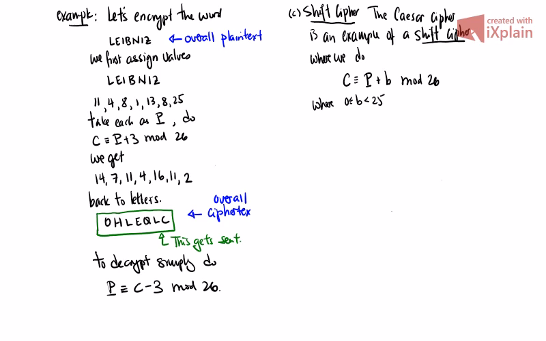Now, notice you're not going to use 0 because then the plain text and the ciphertext are the same. But in theory, you could, so we'll leave it like this, and this will be relevant when we do the next kind. But 0 would be a stupid choice for a shift cipher.